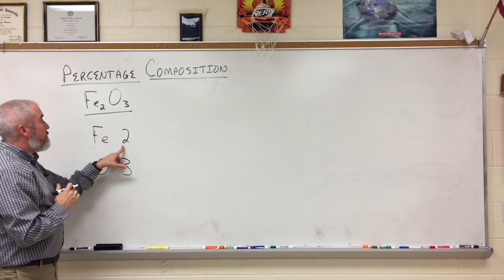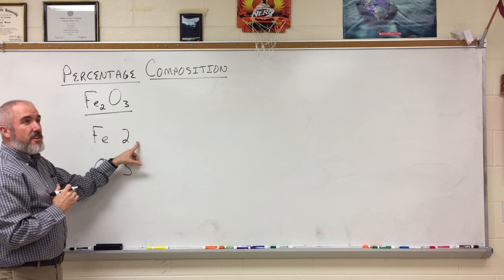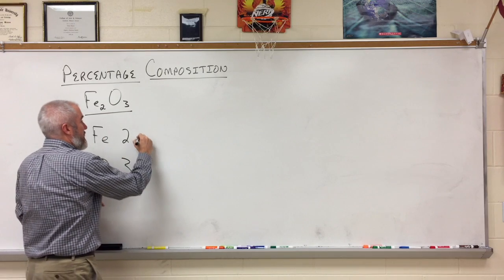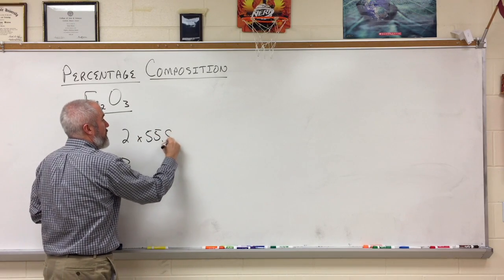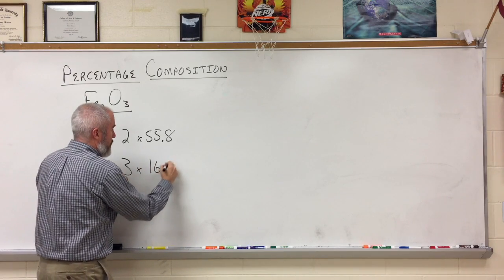Now for each one I use the periodic table and multiply by the molar mass of that substance. So for iron I say times 55.8, and for oxygen I'll use 16.0.